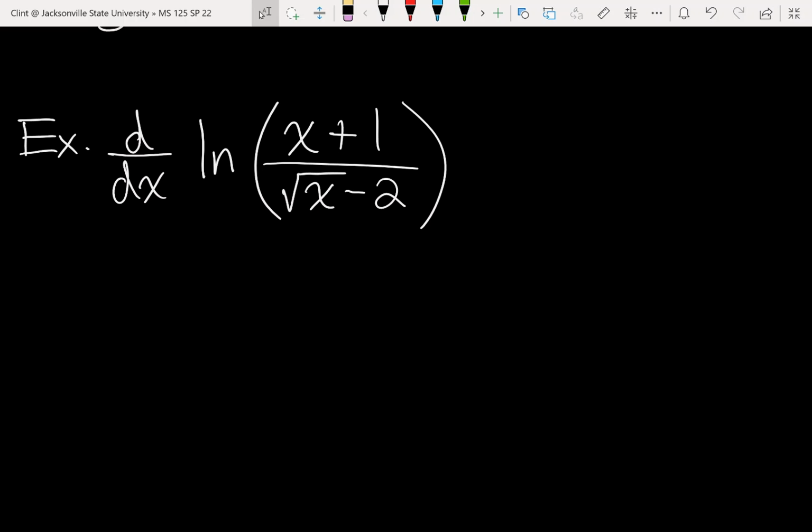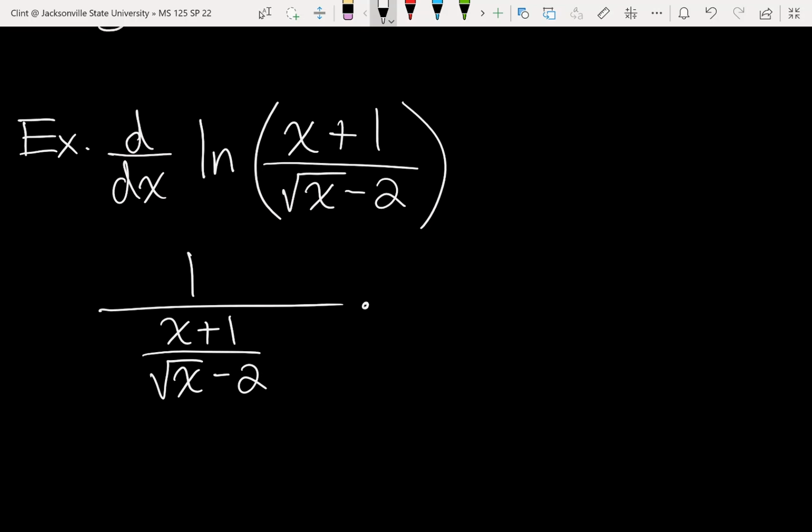So we take the derivative just like it's written. It's 1 over x plus 1 over square root of x minus 2, times the derivative of x plus 1 over square root of x minus 2.